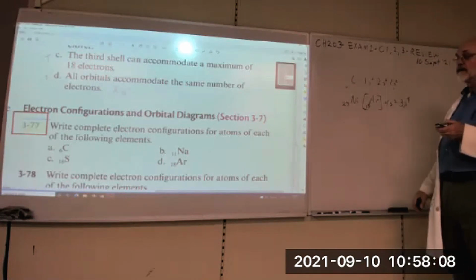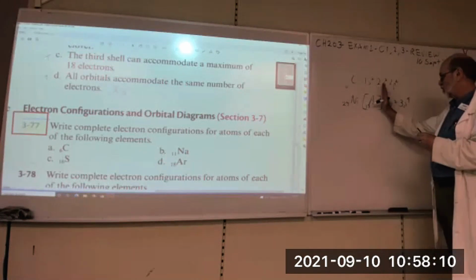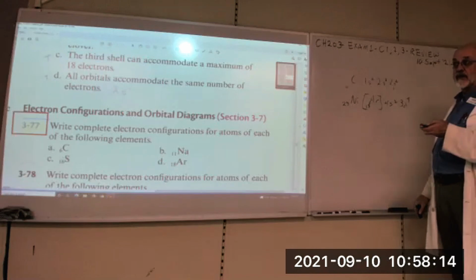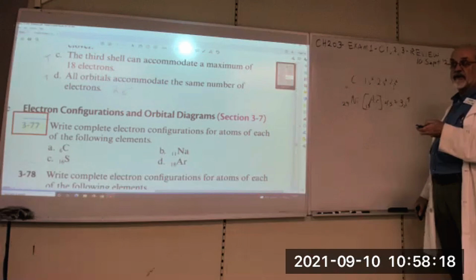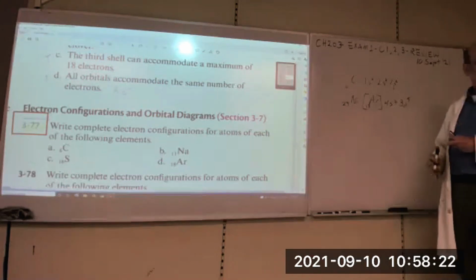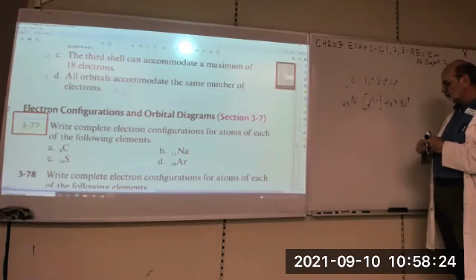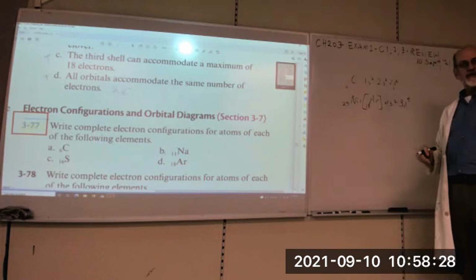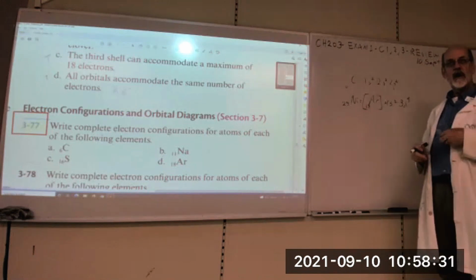And then from there on, you pick it up from 4s, 3d's, and then when you get over here, you're back to 4p's. If we were in this area, we'd be filling 4p's. So that's the shorthand to introduce the noble gas, because the noble gases have complete orbitals, all of them.